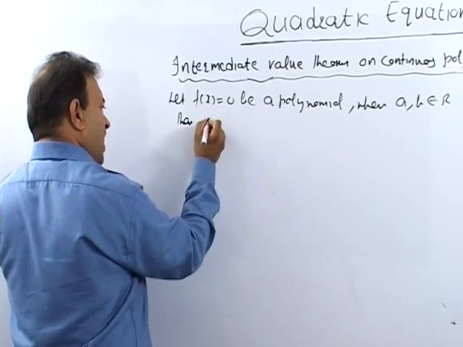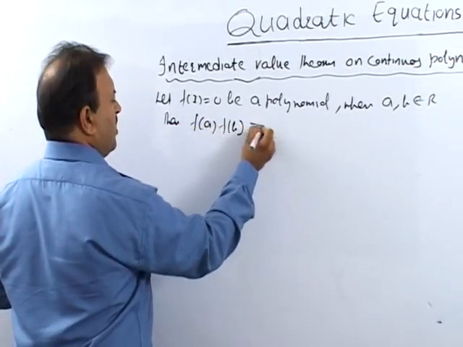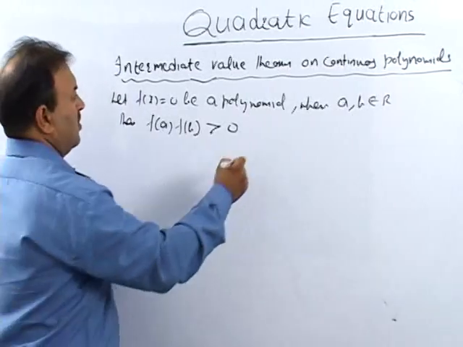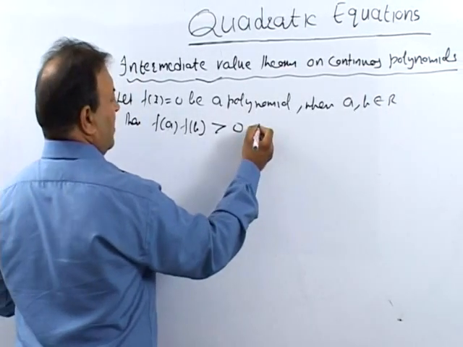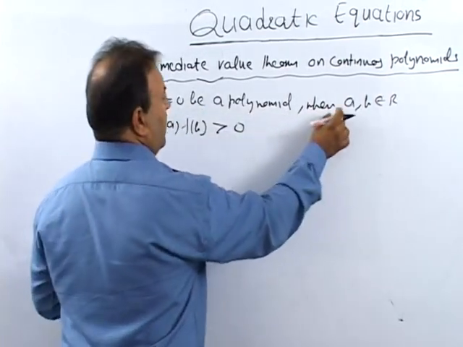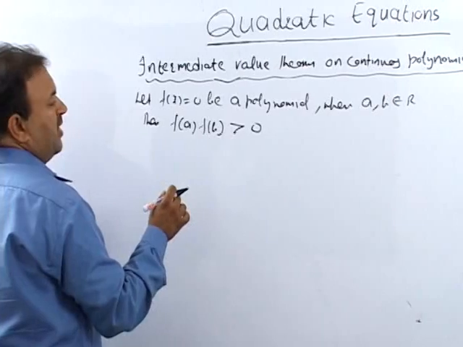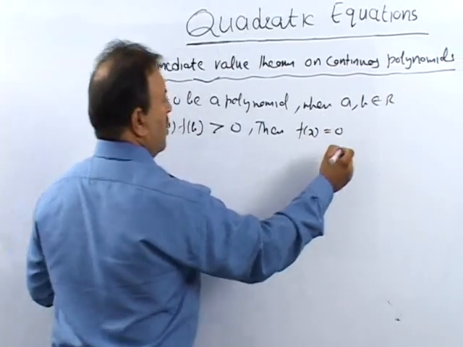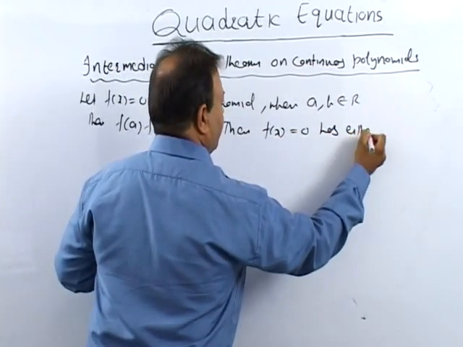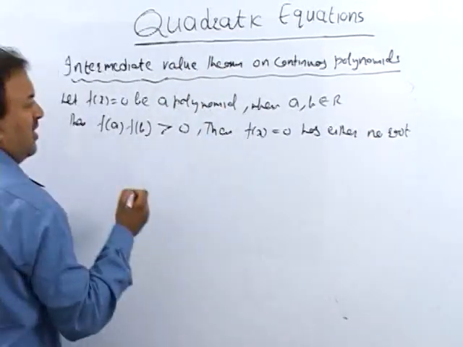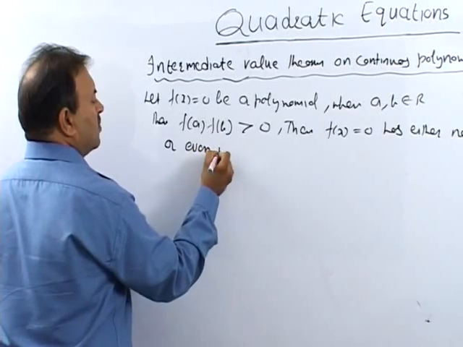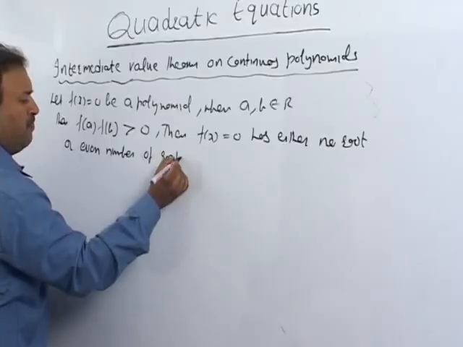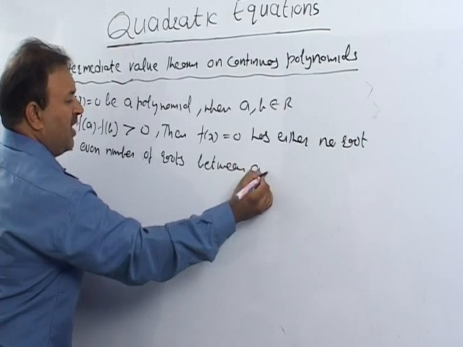Then if f(a) times f(b) is greater than 0, it implies that f(x) = 0 has either no root or an even number of roots between a and b.